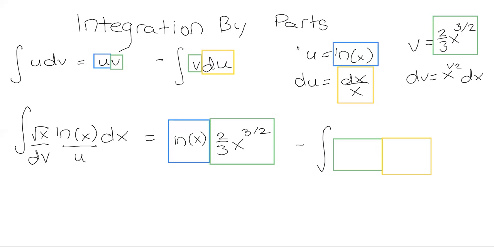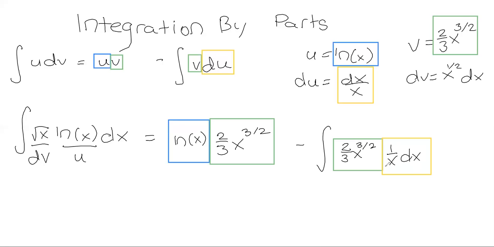So what we have for our v is 2/3 x to the 3/2. And what we have for our du is just going to be dx over x, but I want to write this a little bit differently, and it'll be clear why in the next step. Instead of making it one fraction, I want to write it as 1 over x times dx.